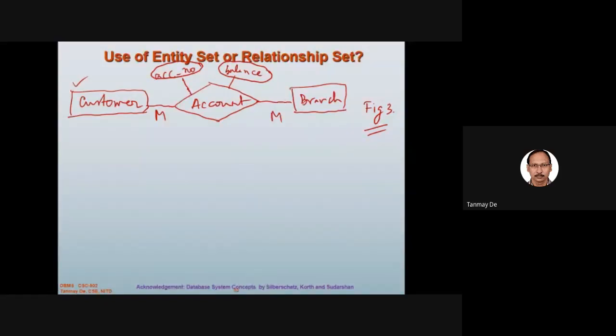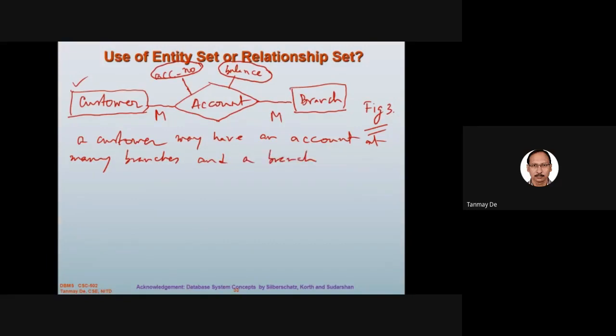So this reflects that a customer may have an account at many branches, and similarly a branch may have any number of customers.